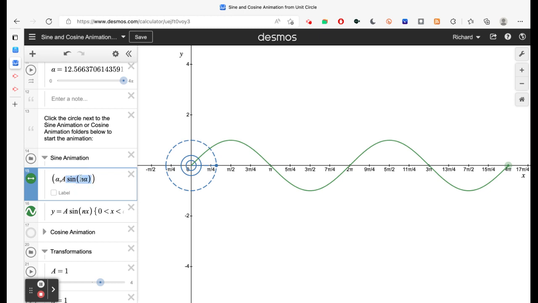So when we multiply sine by a value, it's going to impact each output value. So it's going to have a stretch effect or a shrink effect. Because we're multiplying the output, the function sine of x, by this value, the stretch is going to be vertical.